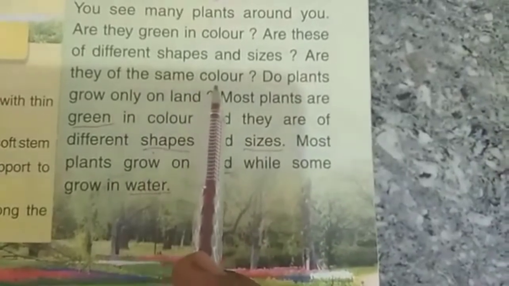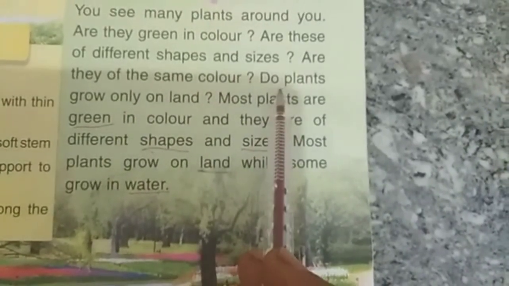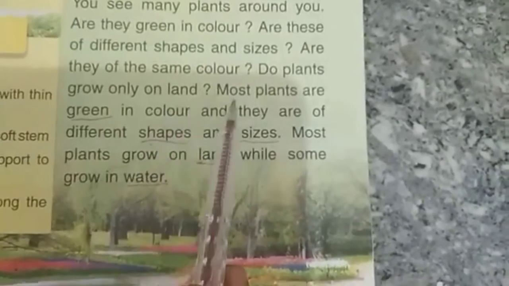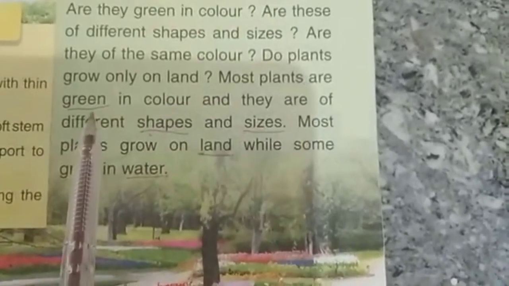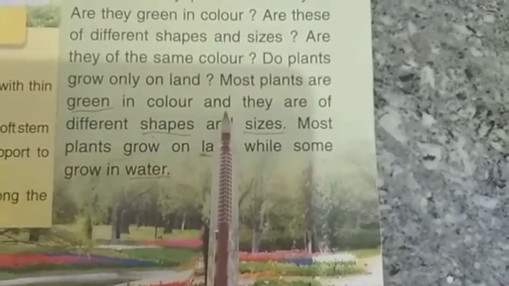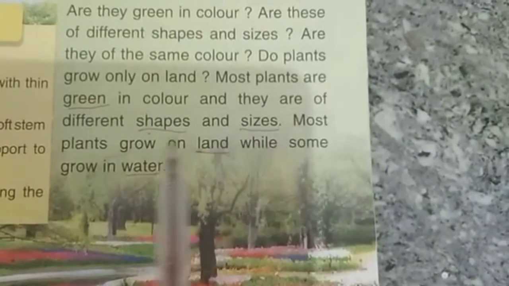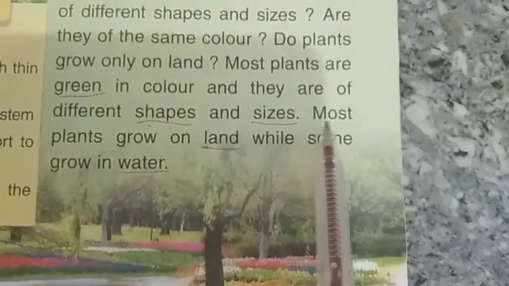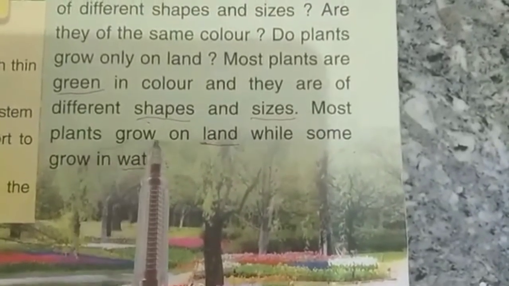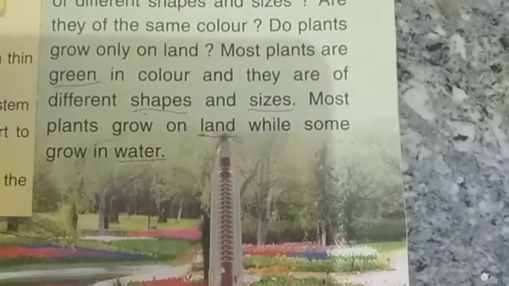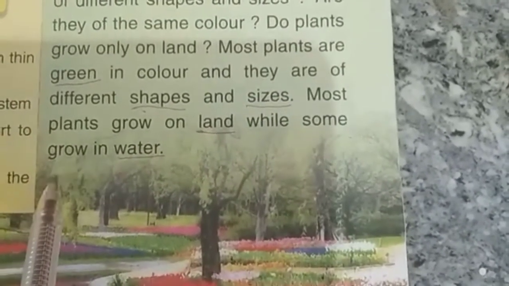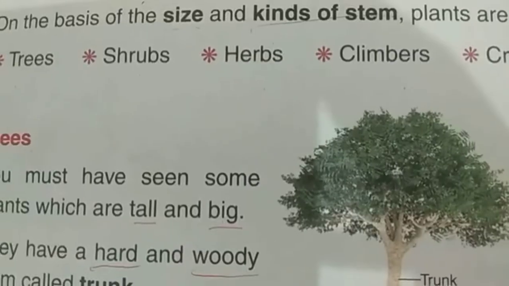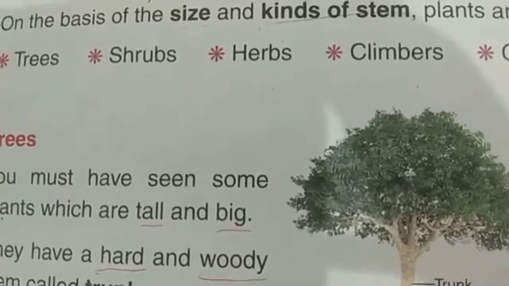Are they of the same color? Do plants grow only on land? Most plants are green in color and they are of different shapes and sizes. Most plants grow on land while some grow in water. Children, take the next page.